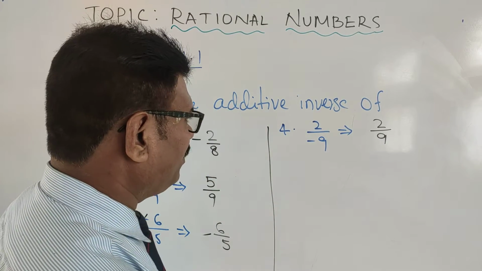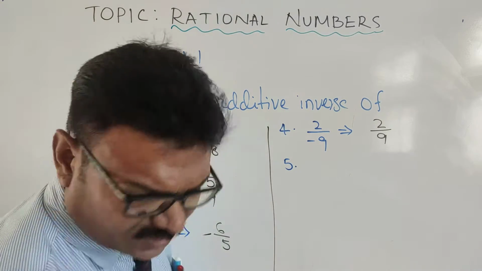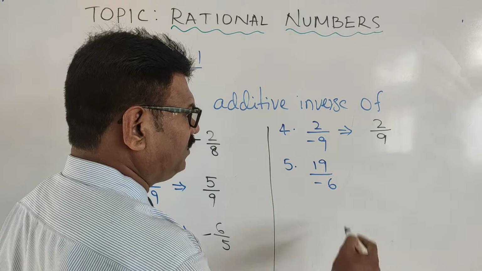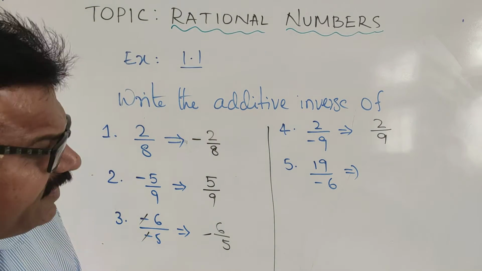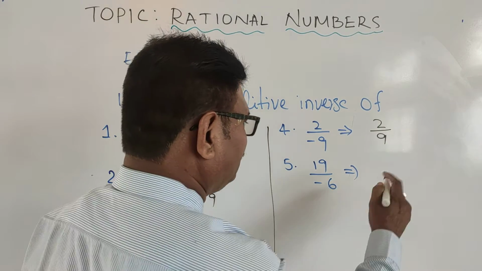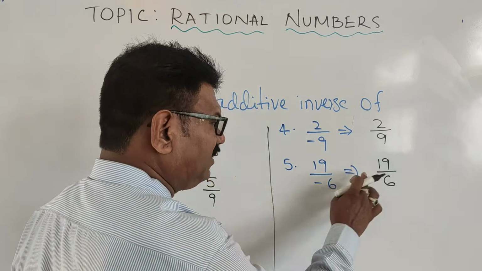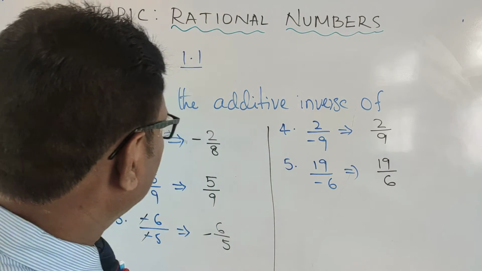Next problem, fifth problem: 19 by minus 6. Therefore, the answer is just 19 by 6, because minus is there, so we have to write a plus. Very important.